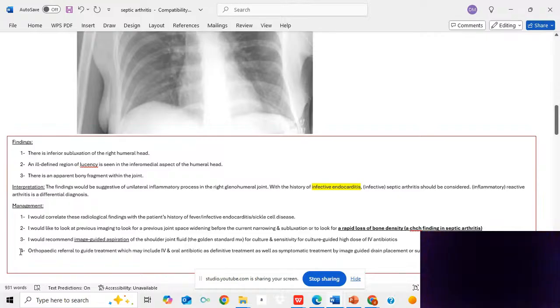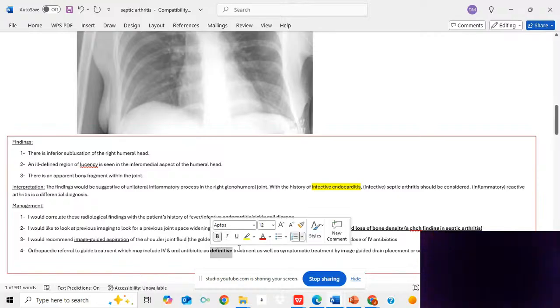Fourth thing, I would recommend an orthopedic referral to guide treatment, which may include intravenous and oral antibiotics as definitive treatment, as well as symptomatic treatment.